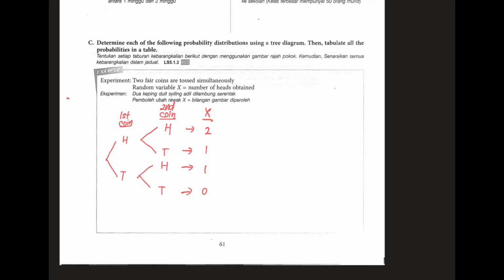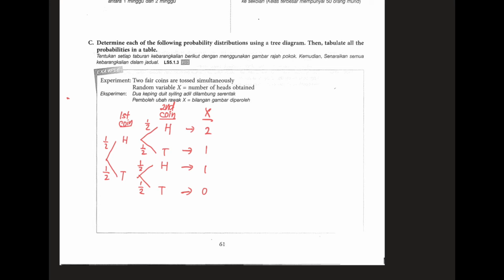After you write down the values of X, now we have to put everything in probabilities. So how do we count probability? You see, it is a fair coin. The probability to get heads is half. The probability to get tails is also half. Even for the second coin, it will be the same probability because it is a fair coin.